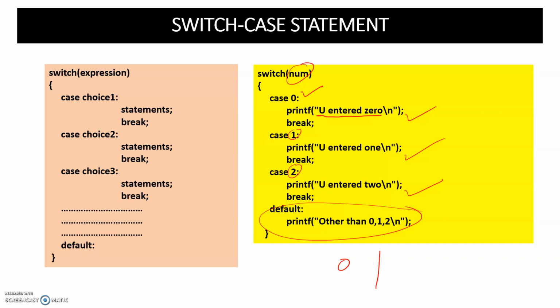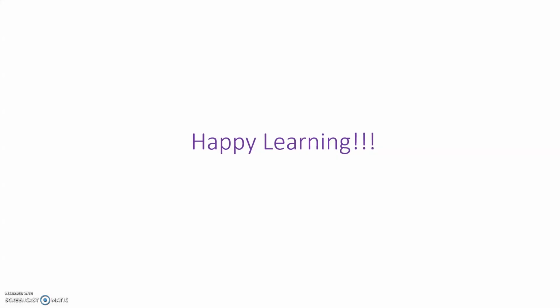If in the second run the user enters 1, what will happen? The user selected this case, so only this case will get executed. In the third run, if the user gives input 2, then the user has selected this case, so this message will get printed, that is you entered 2. If the user enters, let's say, 10, for which there is no case specified, then the default case will get executed. That's all in this session.